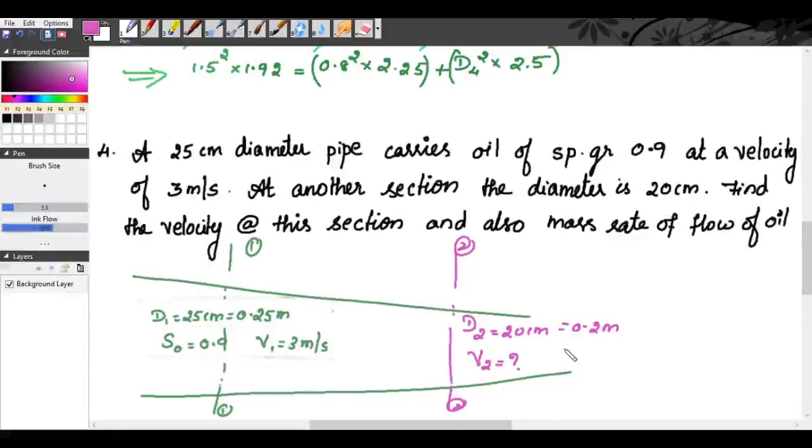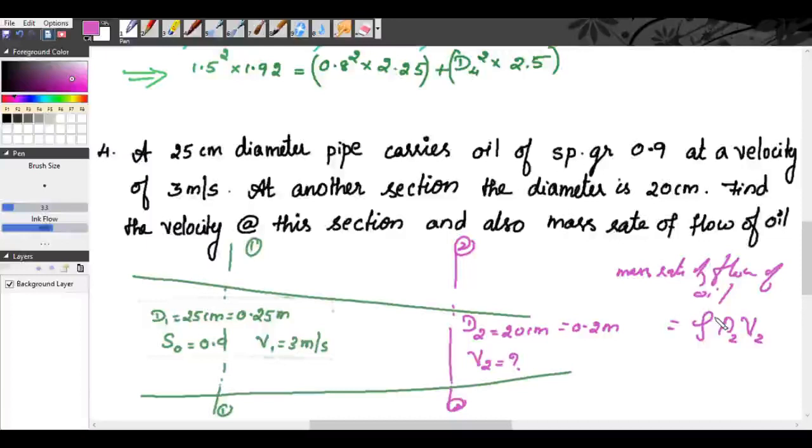So mass rate of flow of oil is nothing but rho into area into velocity. Okay, that's all. So either it is rho A1 V1 or rho A2 V2.